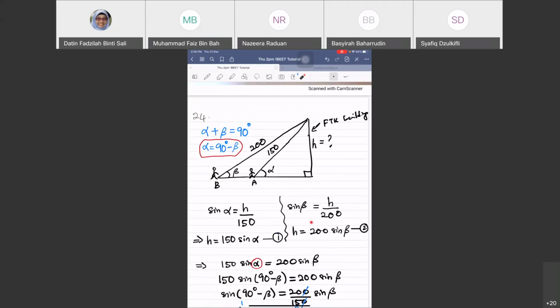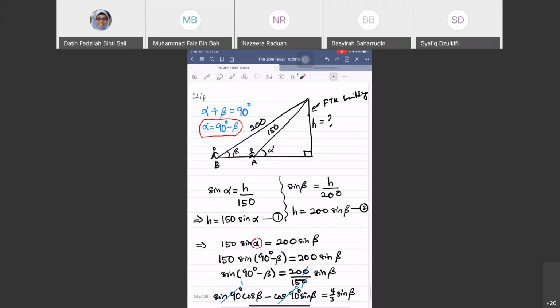If I had solved for alpha, I would take the other equation to compute H. Either one, it's up to you. If one person solves for alpha and another for beta, at the end of the day the height of the building must be the same answer.